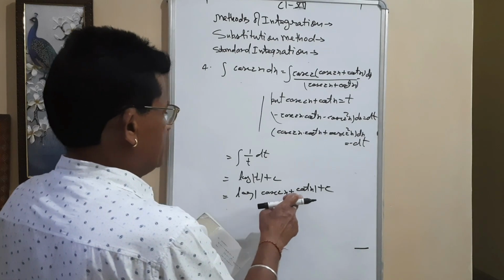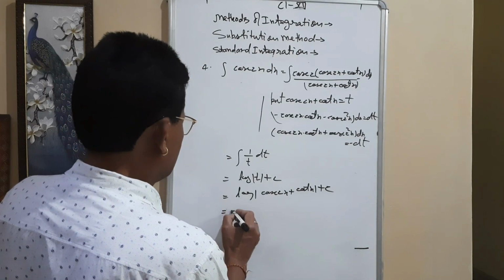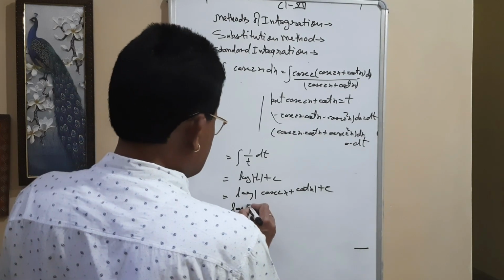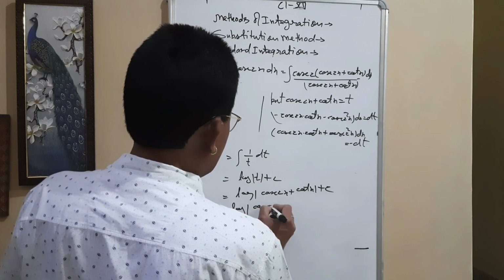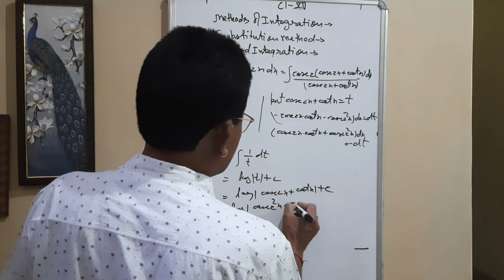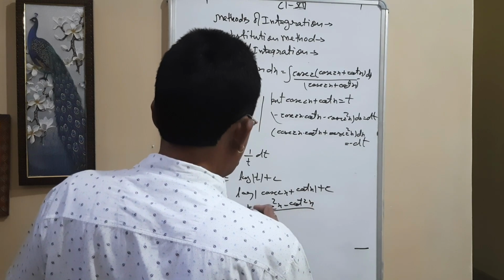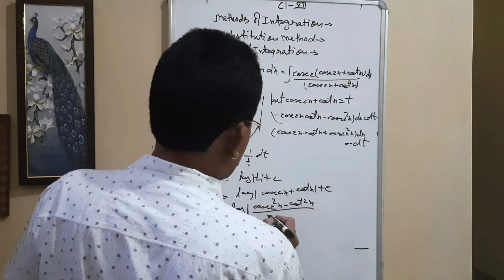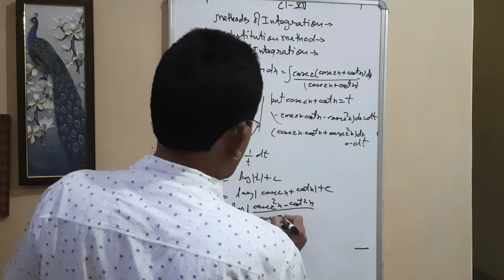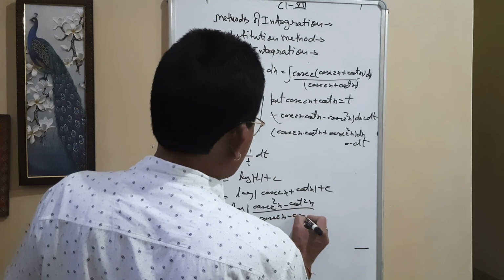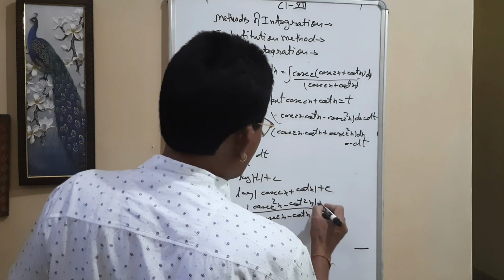Try to understand: cosec square x minus cot square x upon cosec x minus cot x, plus c.